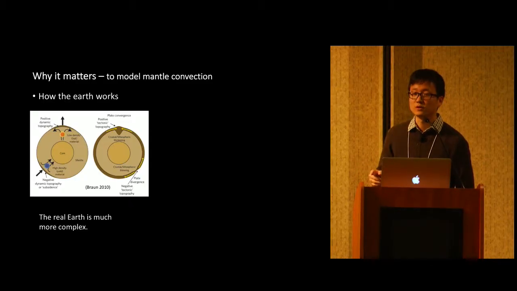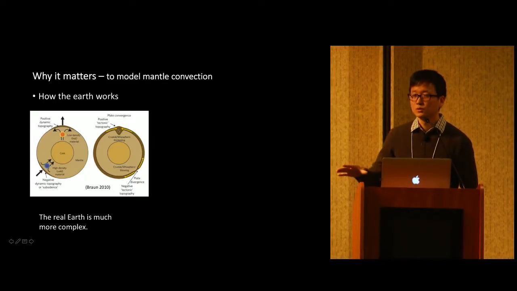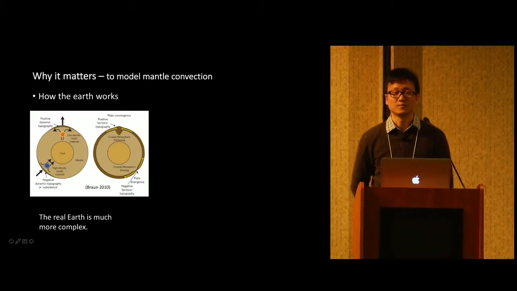This forms mantle convection. Mantle convection drives the plate motion. When two plates converge, there are mountains, such as here. When two plates diverge, there are mid-ocean ridges. These are very basic concepts of mantle convection.